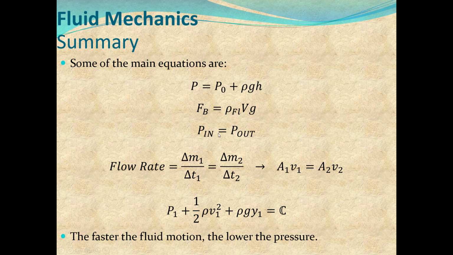We also have the buoyancy equation, the Archimedes principle, the flow rate equation, and Bernoulli's equation. And from Bernoulli's, the whole idea that the faster the flow rate, the lower the pressure.